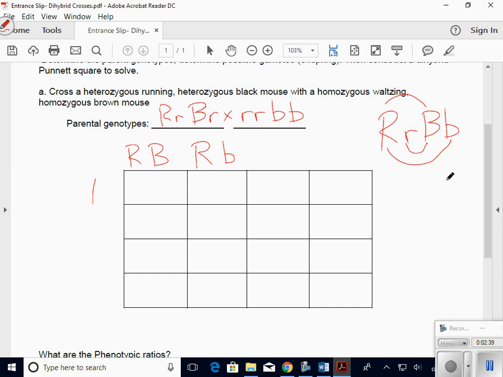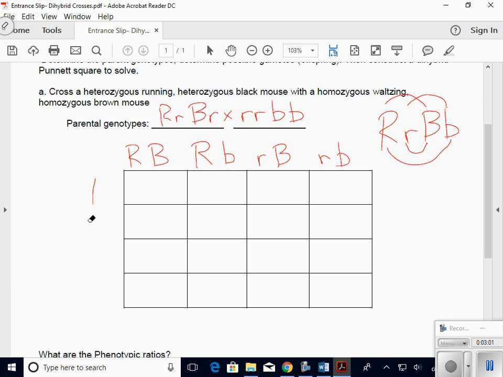Inside, lowercase r, capital B. And last, lowercase r, lowercase b. So when I FOILed the first one, I had 4 different gametes, okay?